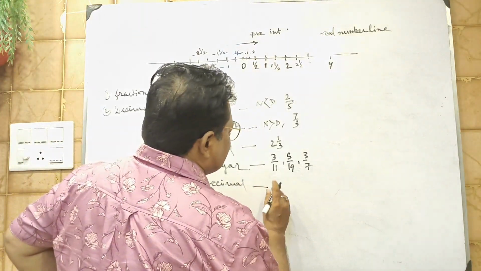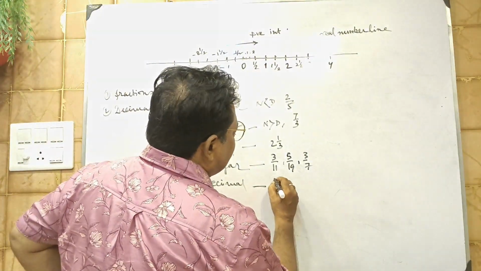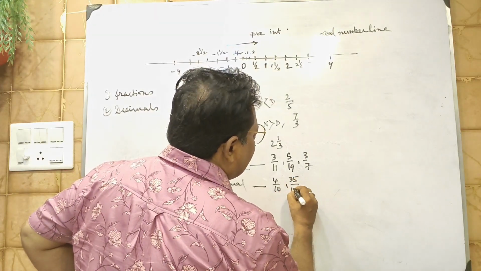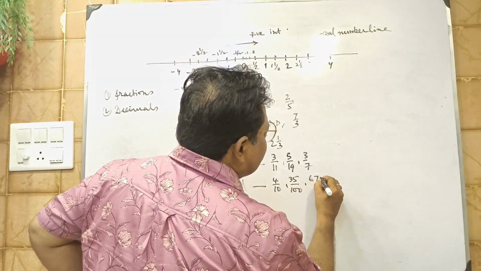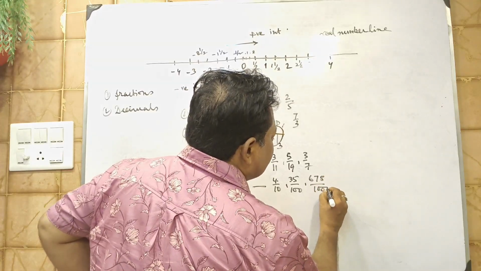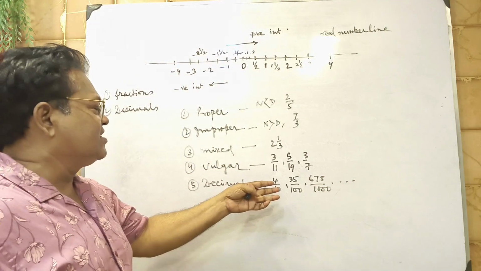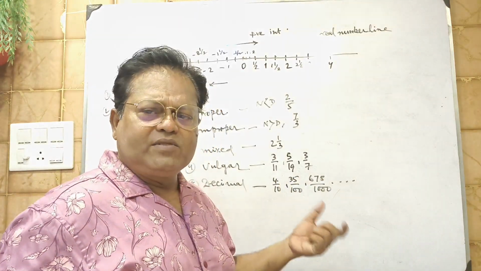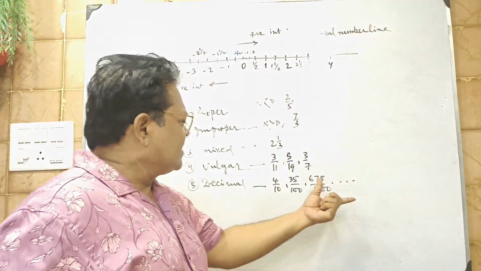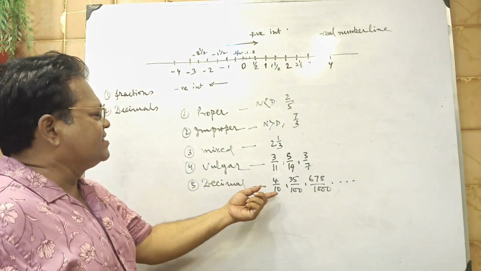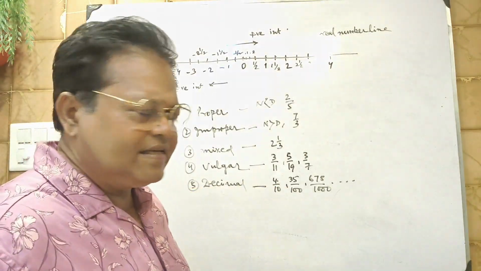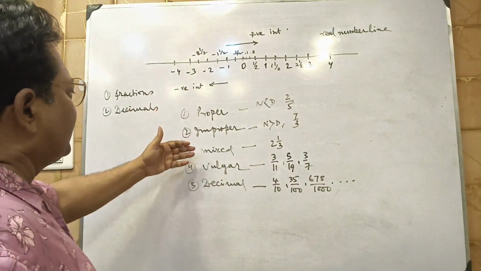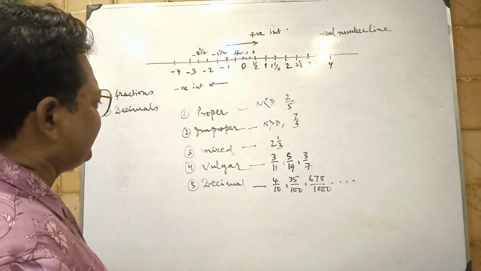And decimal fractions, just the opposite, as for example 4 by 10, 35 by 100, 78 by 1000, etc. Those are fractions whose denominator is 10, 100, 1000, 1 lakh, etc. These are called decimal fractions because they can be converted into decimals very easily. So we have got some idea about proper, improper, mixed, vulgar and decimal fractions.